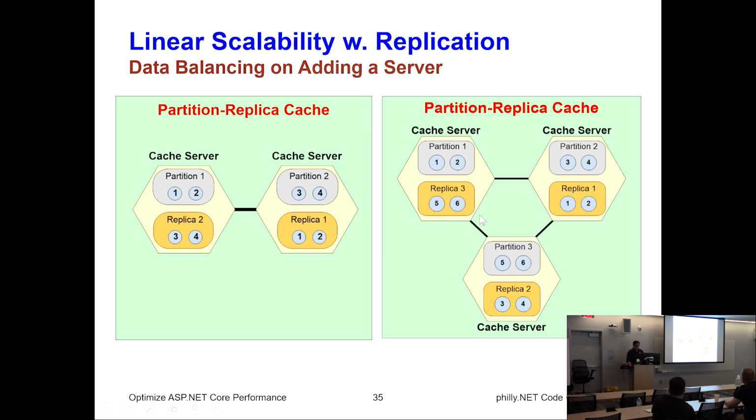So now you have partition 1, partition 2, and replica 3 becomes partition 3 temporarily so that there is no interruption. Once that is done, NCache realizes there are only 2 servers, so it can't really have 3 partitions. So it merges replica 3 into partition 1 and 2, all at runtime. And then once that merging is done, it creates a replica 2 at this place here. And now you can go back to this picture.